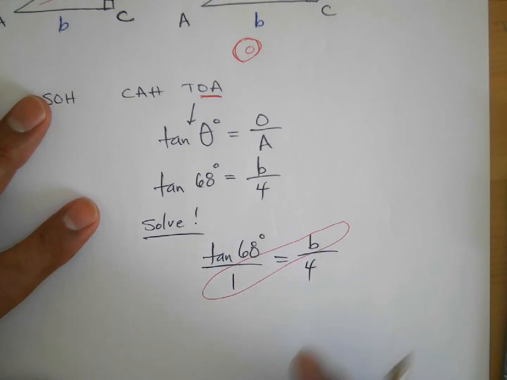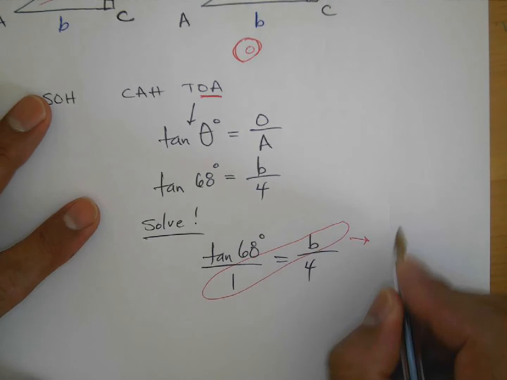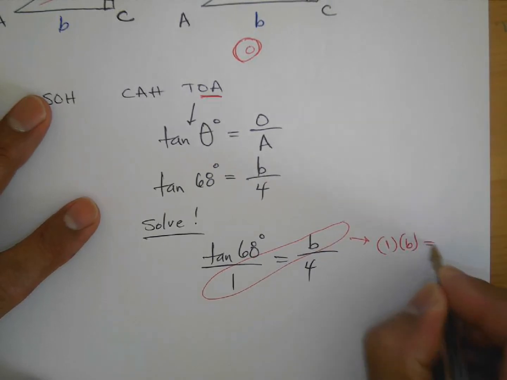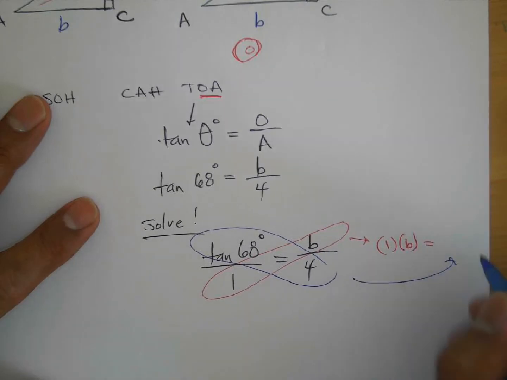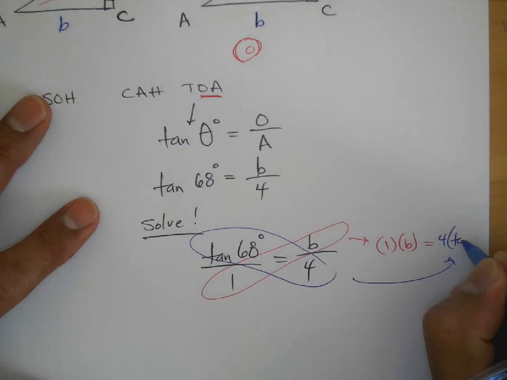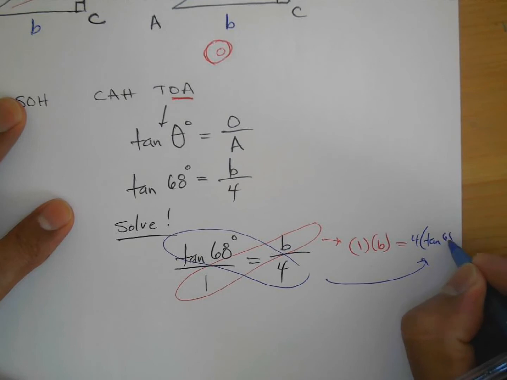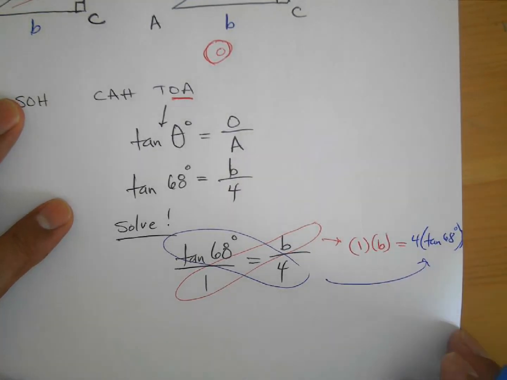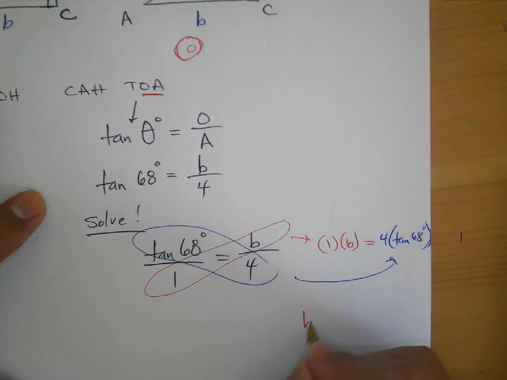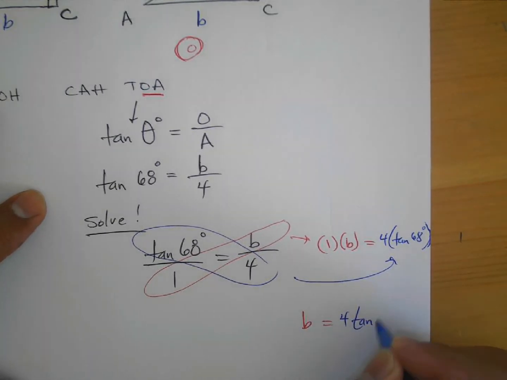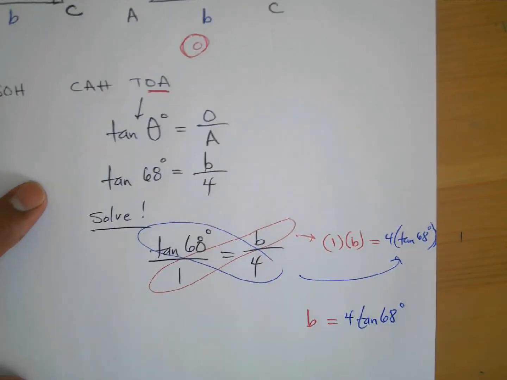This is the one where 1 times B is B, is equal to 4 times tangent of 68. So you get B is equal to 4 times tangent of 68 degrees.